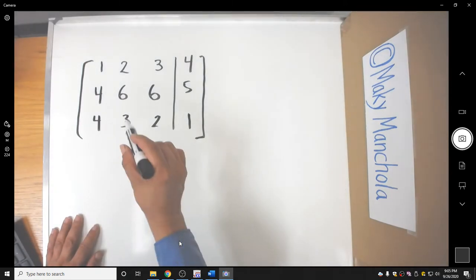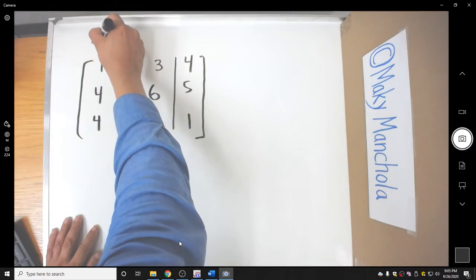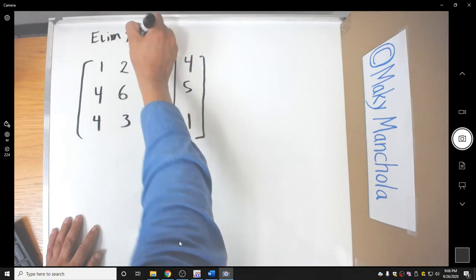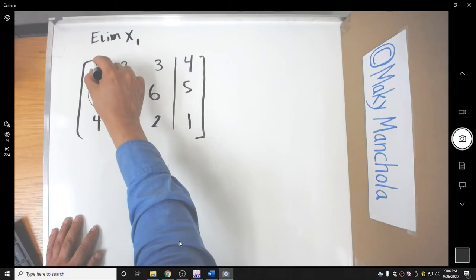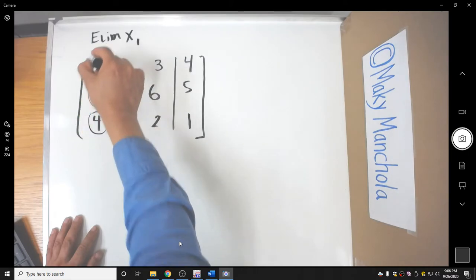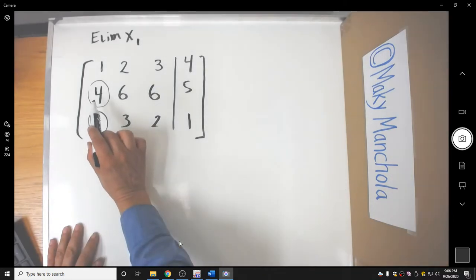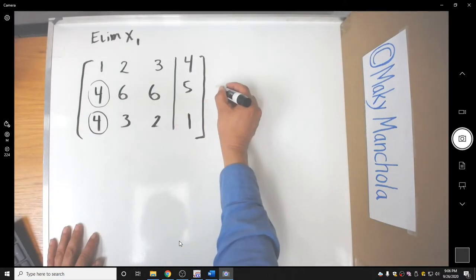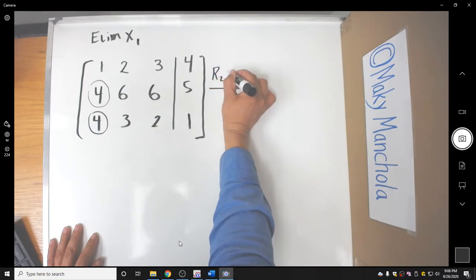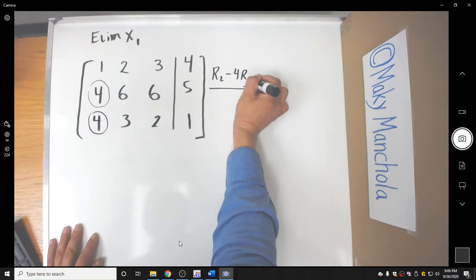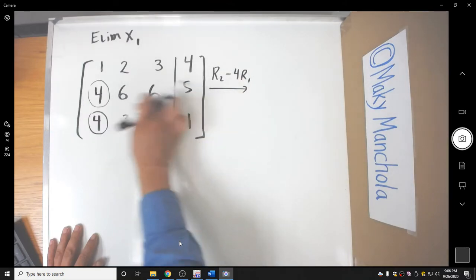Okay, so first let's eliminate the first column. Let's eliminate x1, which pretty much means get rid of the 4's below the first non-zero term 1. So I can apply the elementary row operation R2 minus 4R1 to get rid of the leading 4 in the second row.